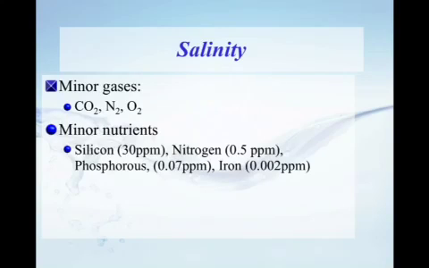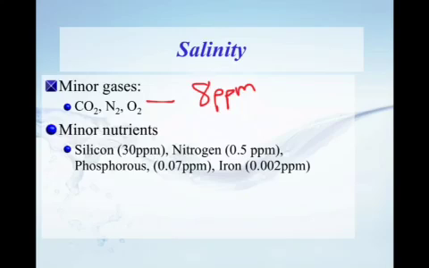Also, remember, we include dissolved gases. So the gases carbon dioxide, nitrogen, and oxygen are all found as part of seawater. If you remember, oxygen is about around here, 8 parts per million, making it a minor constituent and thus a minor gas. CO2 is also fairly common. Nitrogen is probably the most commonly found dissolved gas.